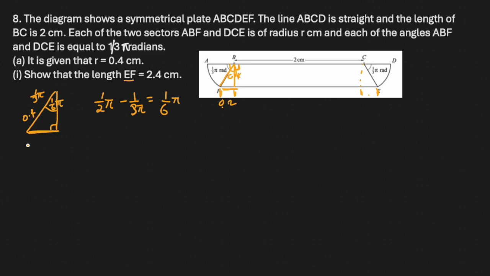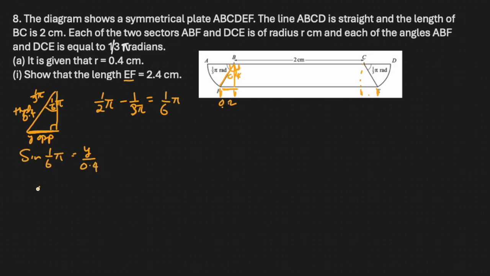How? Not tan of 1 over 6 pi, because we have the opposite side and hypotenuse, so we should use sine. Sine 1 over 6 pi is equal to, let's call it y, y divided by hypotenuse. The hypotenuse is 0.4.